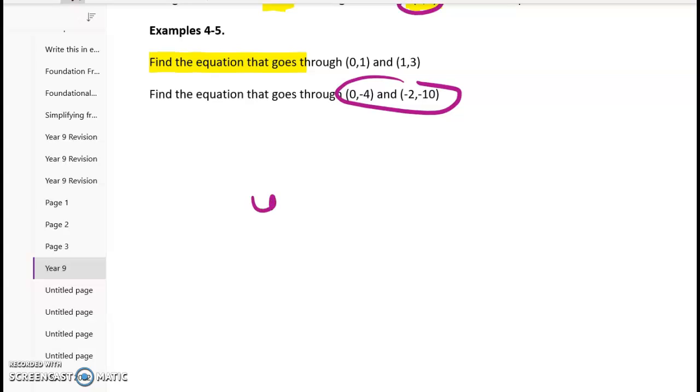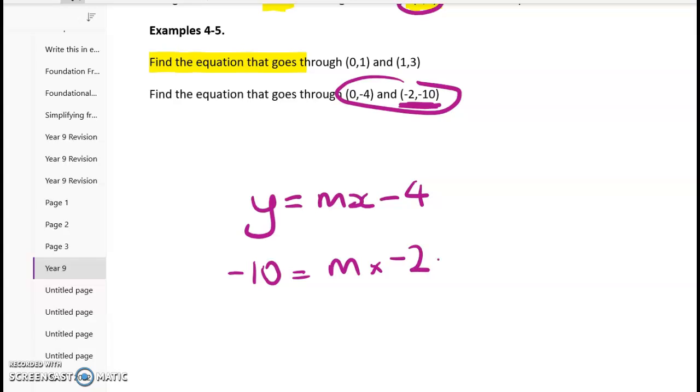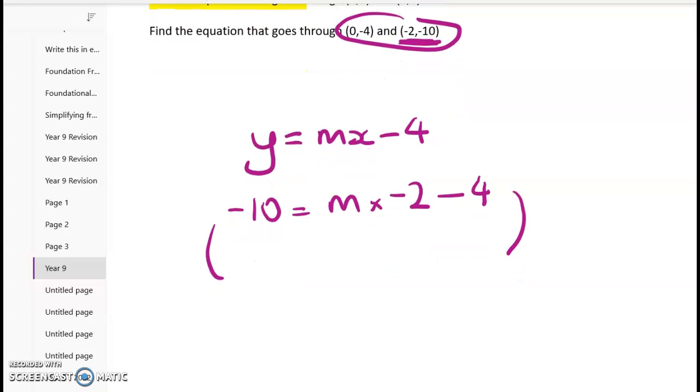So what do we know? Well, y is equal to mx take away 4. And I'm going to do this the second way by substituting the point in. -10 is equal to m times -2 minus 4. I'm going to add 4 on to both sides. I'm going to keep the equation balanced as long as I do the same thing to both sides of it.